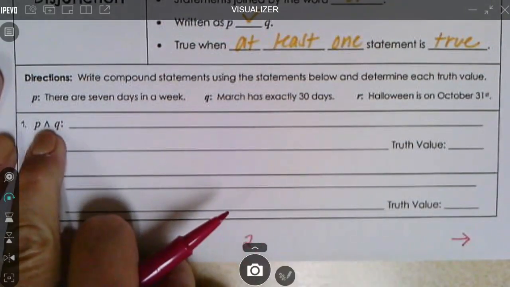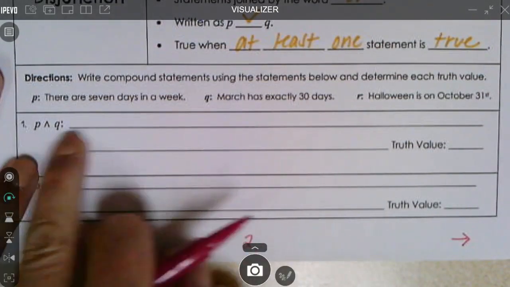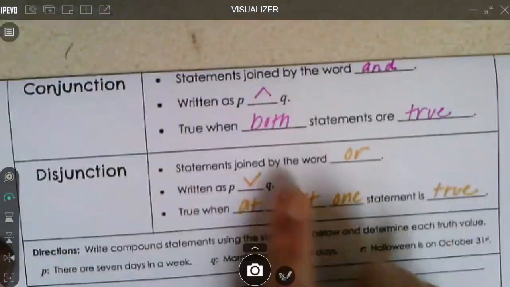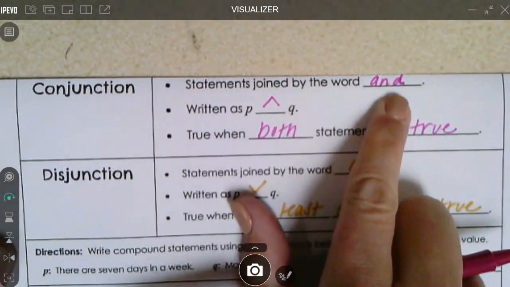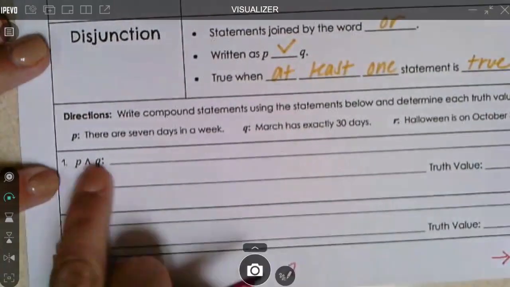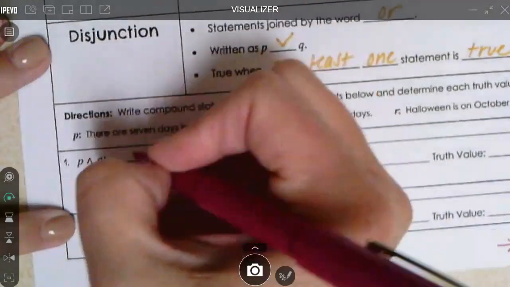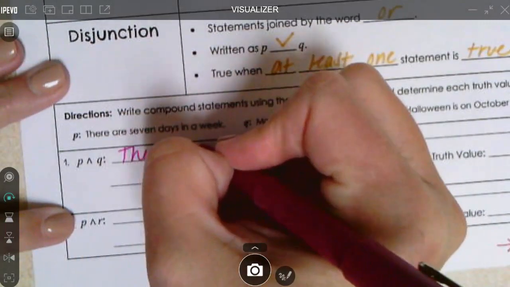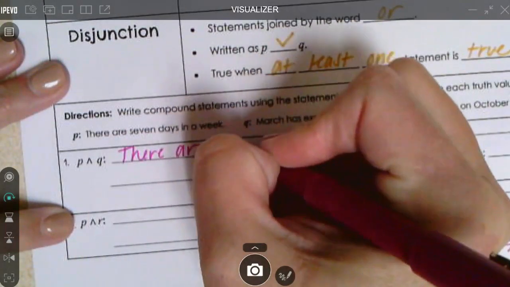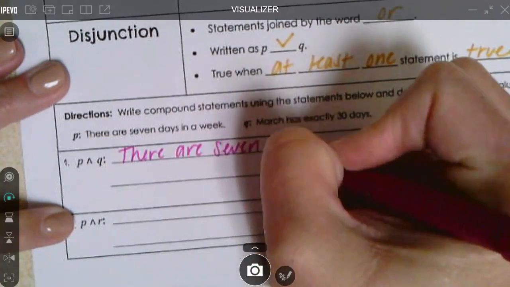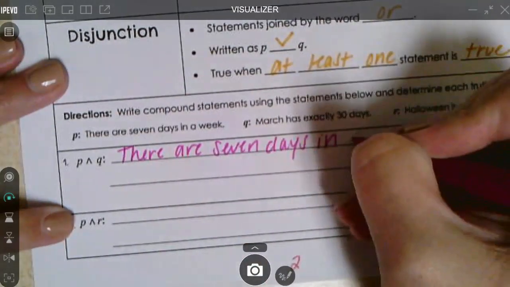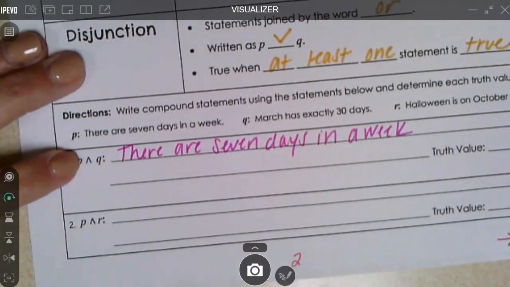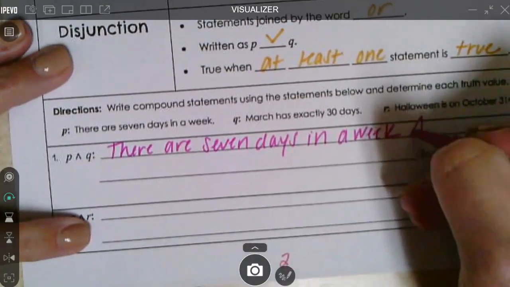Remember what this symbol means. If you need to figure out what that symbol means, you need to go back up to the top and look. So right here, that symbol means and. P, there are 7 days in a week. I'm just copying that down. Remember, this symbol means and.